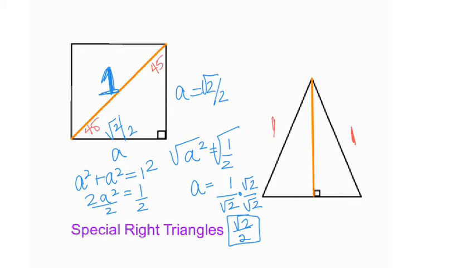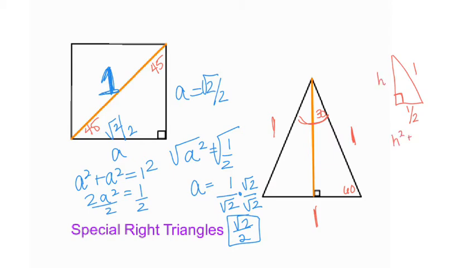And this is a 30, 60, 90 triangle that comes from an equilateral triangle. So this is our 60-degree angle, and up here would be 30 because this entire thing is 60 in an equilateral triangle. All three angles are 60. So I want to find this side over here. This is 1. When I cut this in half to make the right angle, I get 1/2. And then I need to find this side, which I'm going to call h for height.